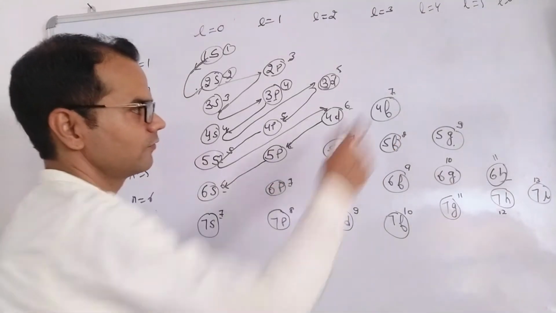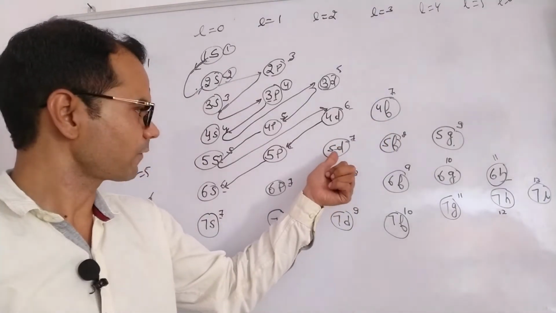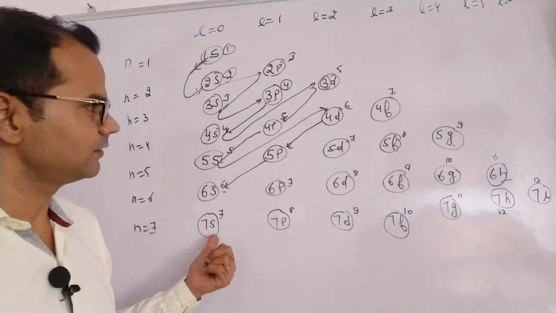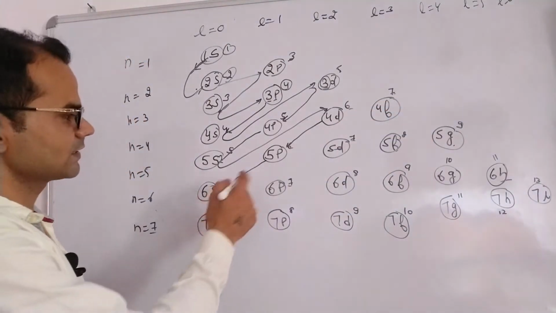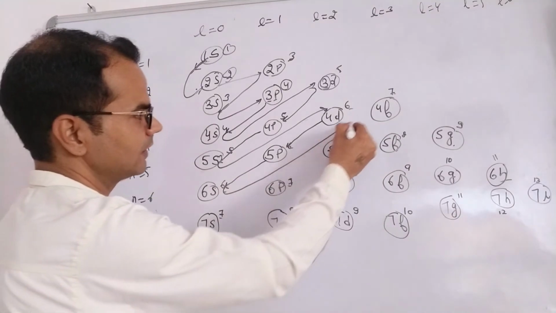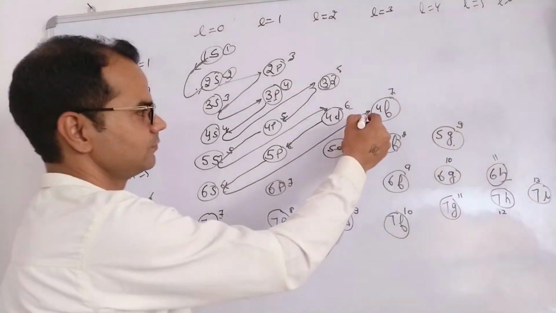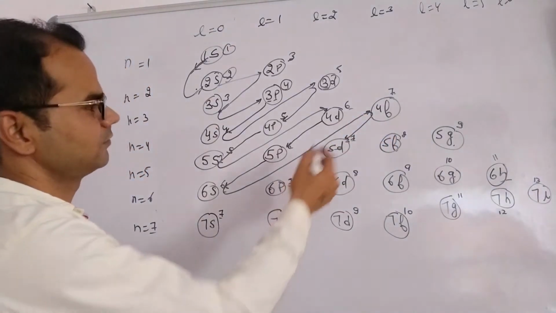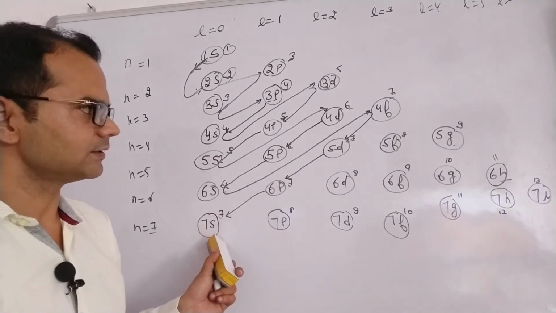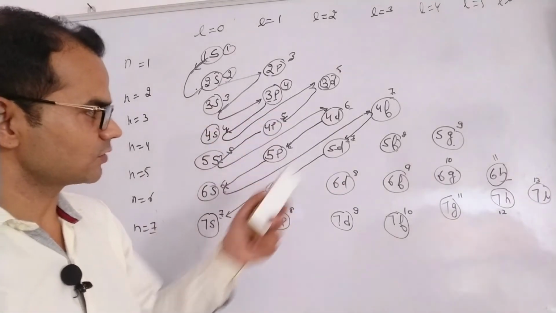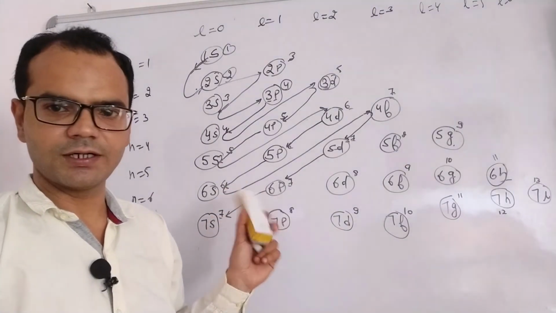For 7 we have 4 orbitals: 4f, 5d, 6p and 7s. So definitely n is smaller here. So from 6s we will fill electrons in 4f orbital. From 4f to 5d, 5d to 6p, 6p to 7s. Easy. This is the sequence of orbitals in their increasing order of energy.